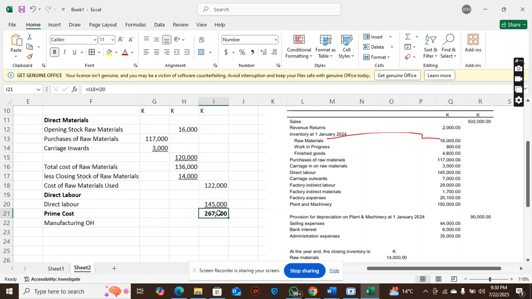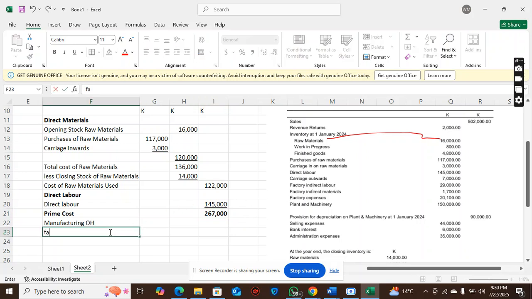Here, we're only focusing on the overheads for the factory. So we've got factory indirect labor. Oh, why am I even giving the answers? Yes, Mr. Twambo. Which ones do we put here? Why am I spoon feeding?